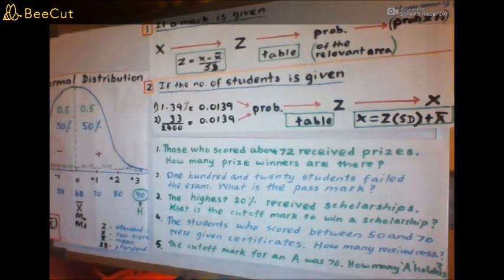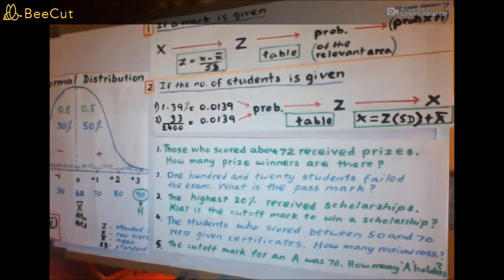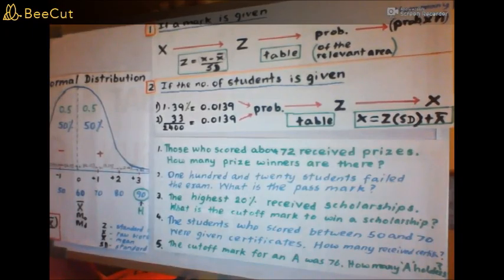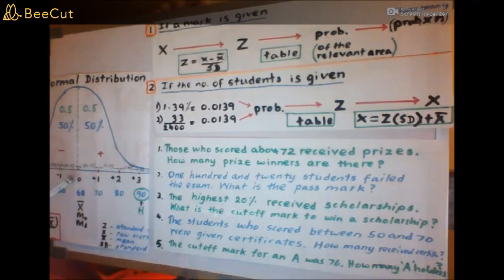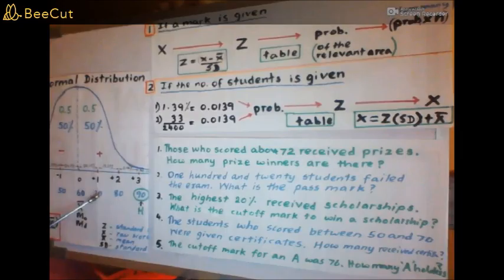Now what are these paths? I told you when we study the questions based on normal distribution, they are mainly of two types. What are those? Here, if we go to this curve, they will give you a particular mark.